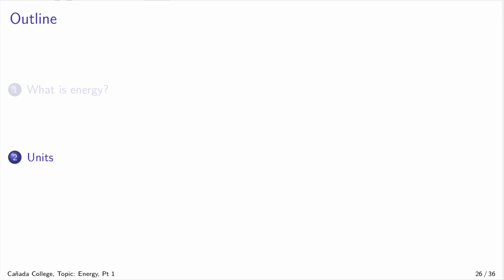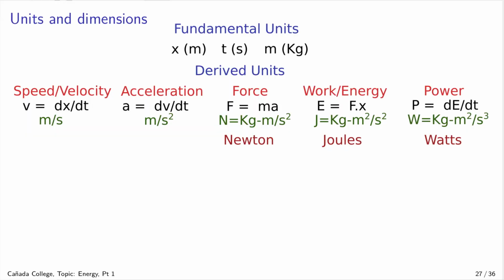Okay, so now let's turn to the idea of units here, especially in the context of energy. Remember, we introduced the fundamental units in our topic of measurements, and three of those fundamental units were distance, x in meters, time in seconds, and mass in kilograms. So now let's take these three units and combine them in different ways.